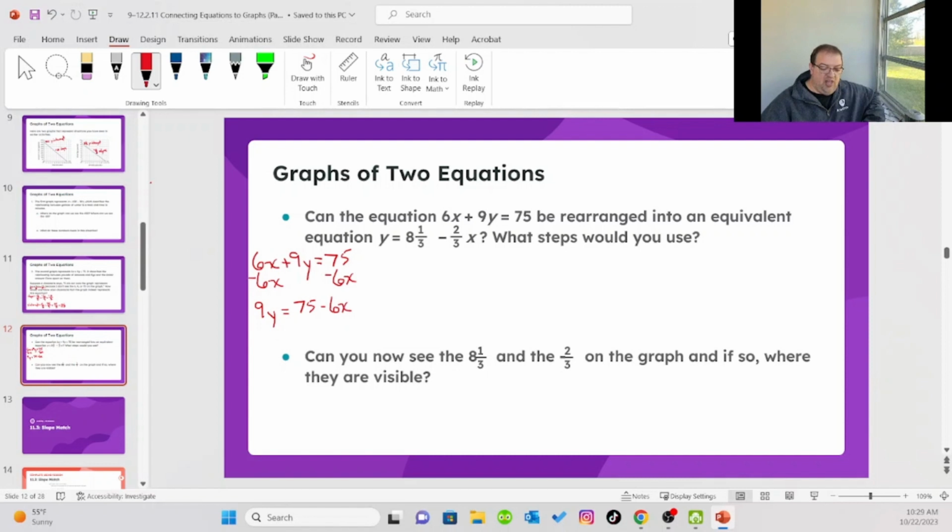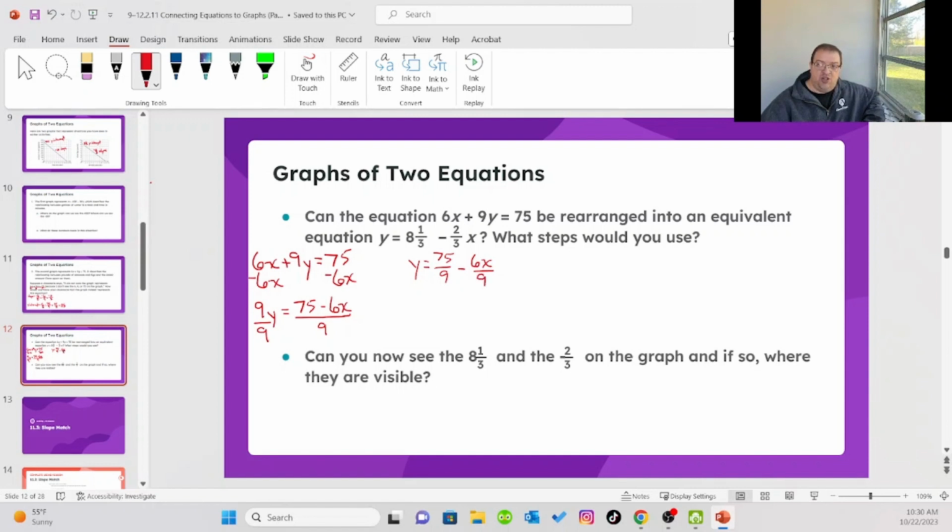9y is multiplication. The opposite is division, so I'm going to divide by 9. If I divide the left side by 9, I must divide the right side by 9. So now I have y equals 75 divided by 9 minus 6x divided by 9.